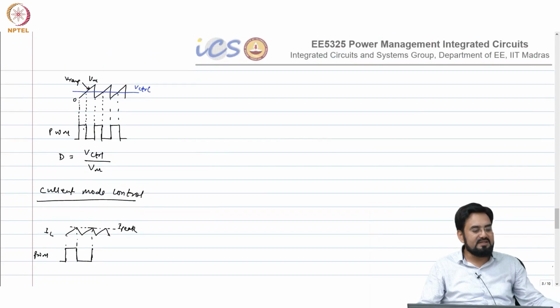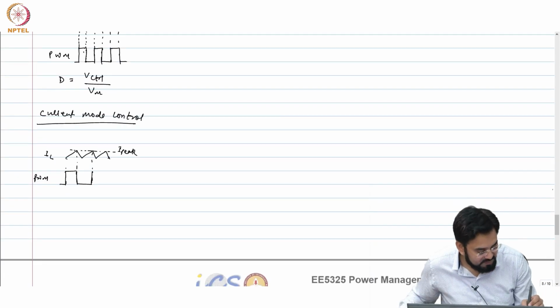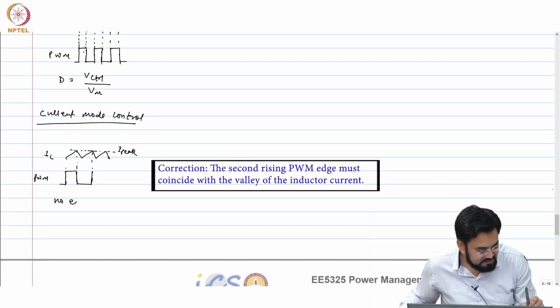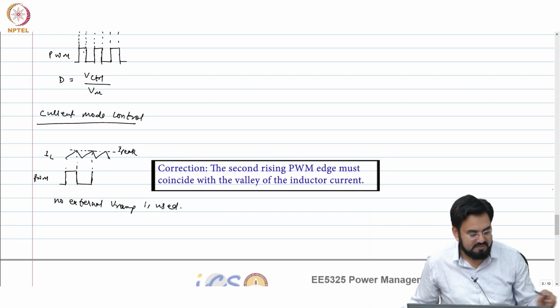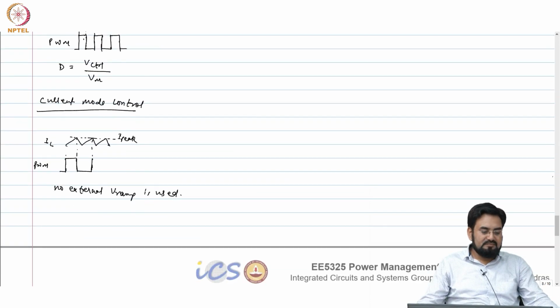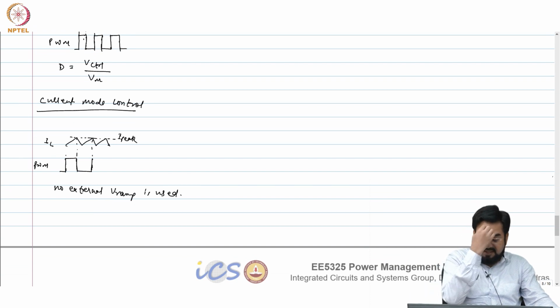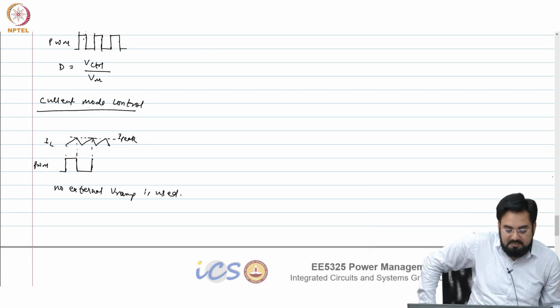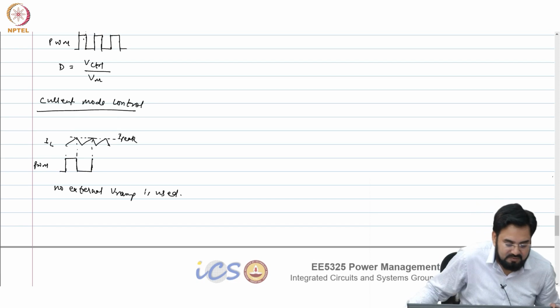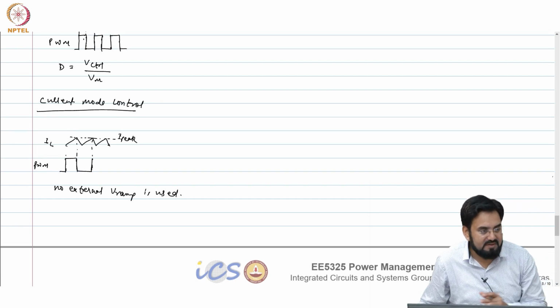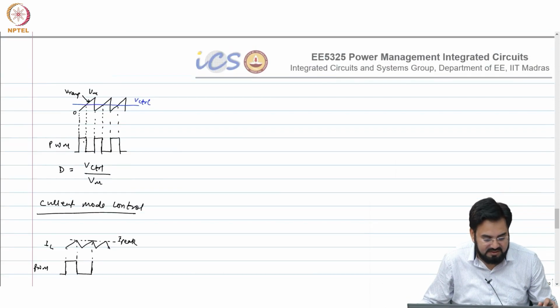So you do not require any external VRAMP. Theoretically you do not use it, but practically, when you implement it, there is a small ramp used for compensation purposes. When we look into current mode in more detail, we will talk about that.